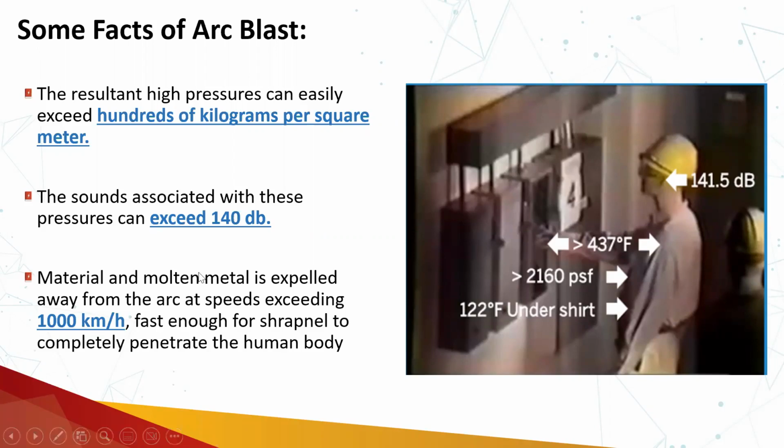These are the further hazards associated with an arc blast event. On the other hand, with an arc flash event, there is intense heat, which can cause second degree or third degree burns.